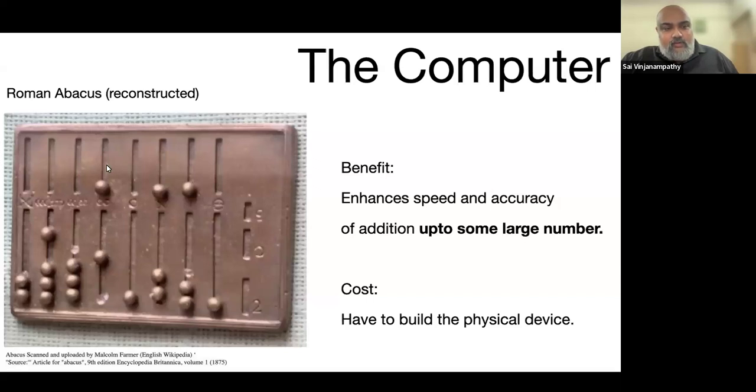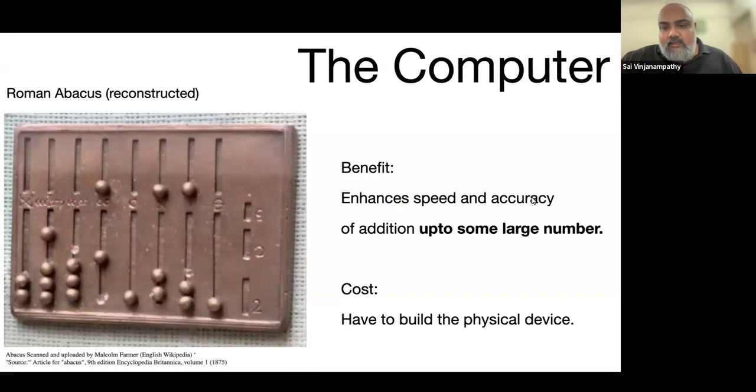So there's 1, 2, 3, 4, 5, 6, 7, 8 slots here, with a little bit of additional stuff on the side. And what that means is that there is an upper limit of how large a number this can handle, right? So an abacus basically is built on roughly similar principles to binary. So what that means is that the position indicates some value of the number, and so there is an upper limit of how much this can calculate.